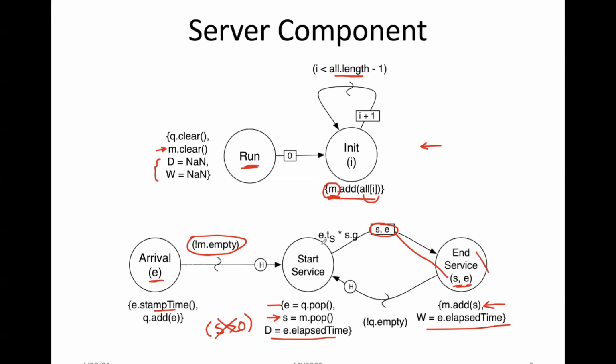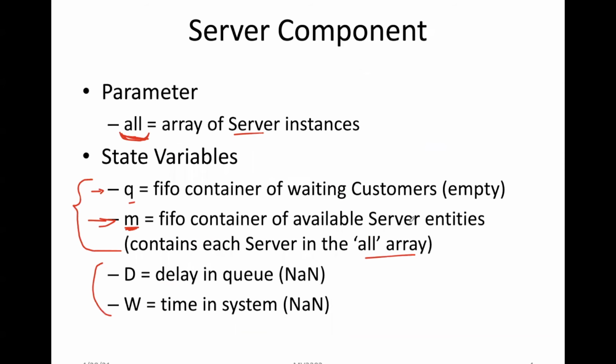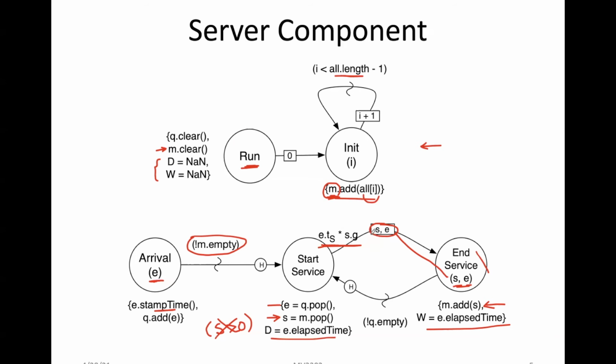Okay, the final piece is, what about the delay between start service and end service? That is, how long is it going to take to serve this customer? And the answer is, first, we have our processing time of the customer, but then we have the efficiency of our server.